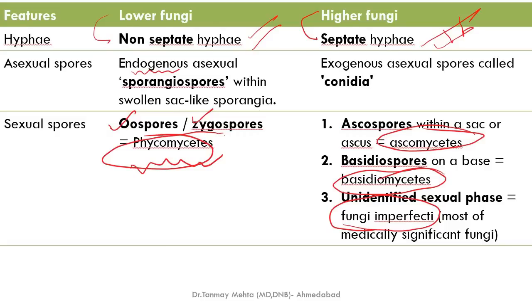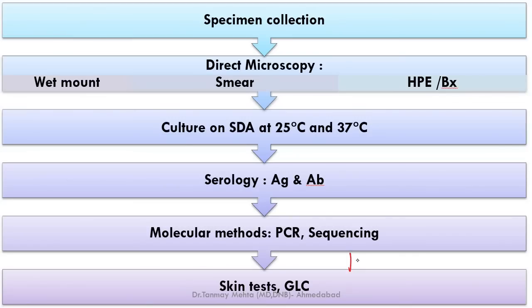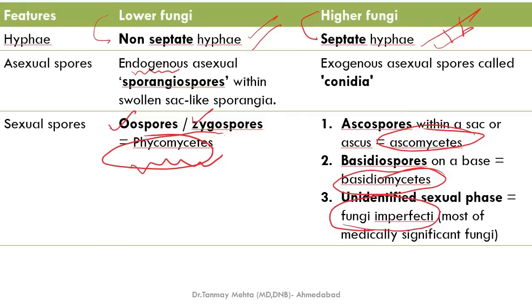But for some fungi, also known as Deuteromycetes or Hyphomycetes, the sexual phase is not known or is yet to be identified. This type of fungus is known as fungi imperfecti.